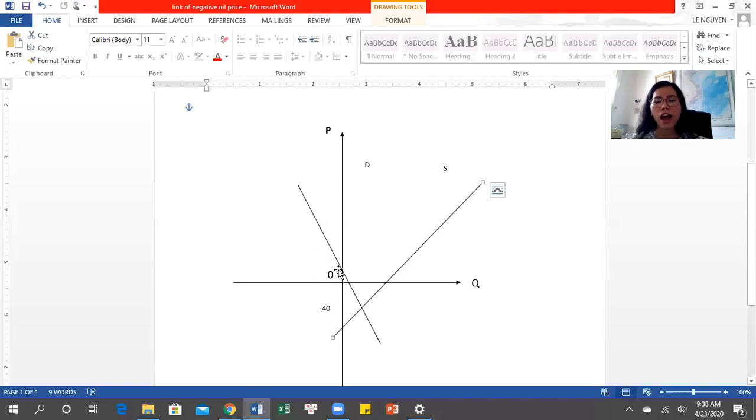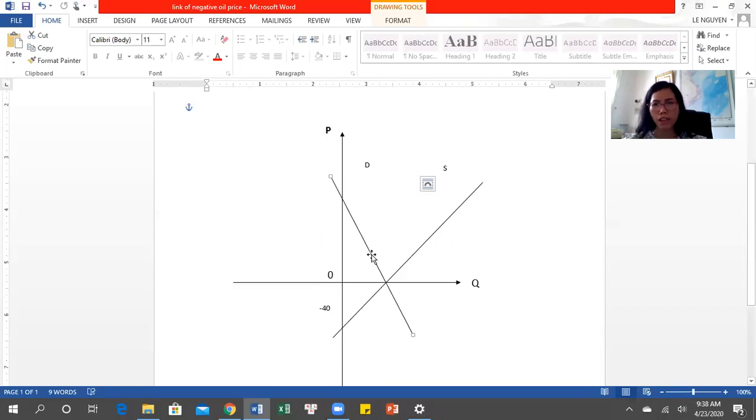And now, how can the price come back to normal? As you may know, if the price is very low and you are the customer, what will you do? Of course, you see the price is very low and you want to buy more. This means the demand curve will shift back to the right until this point.